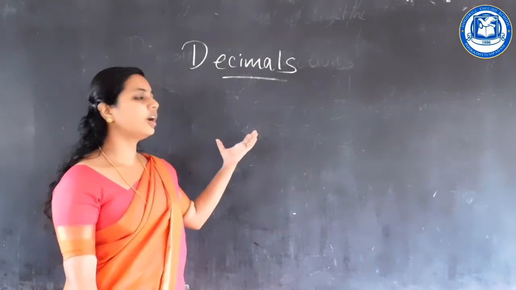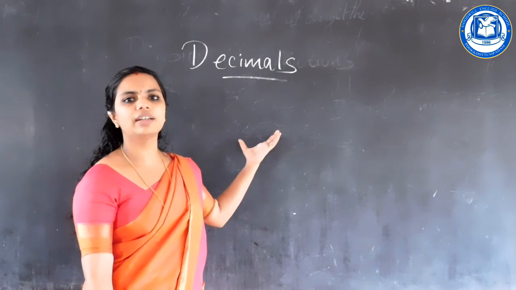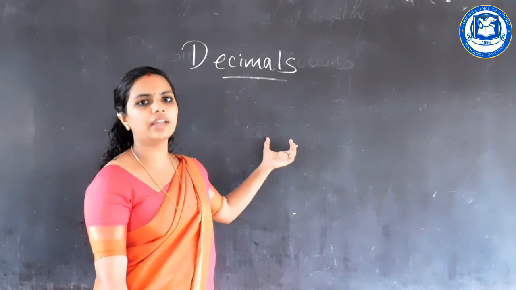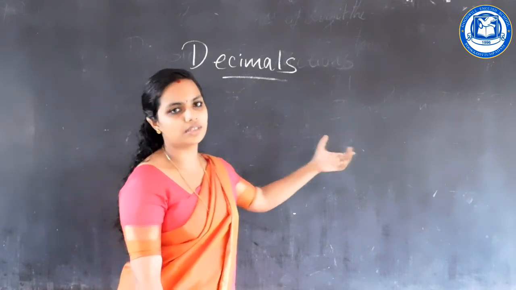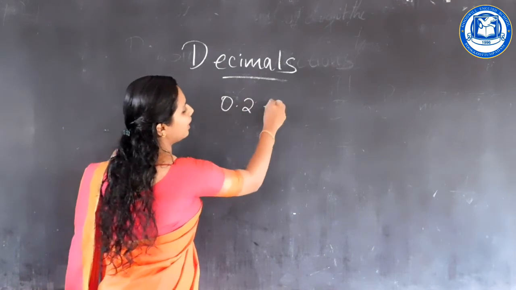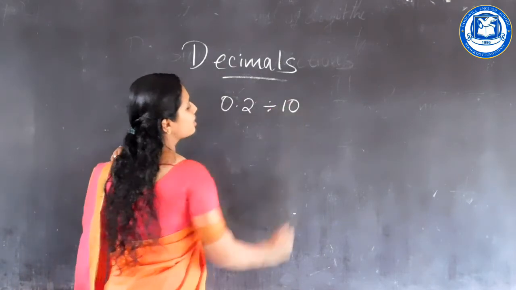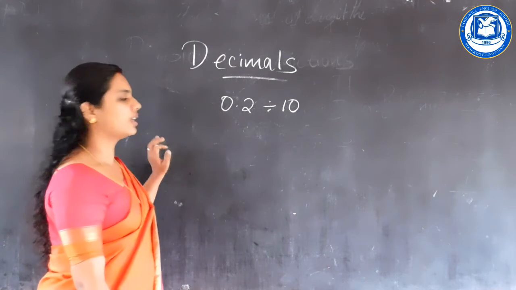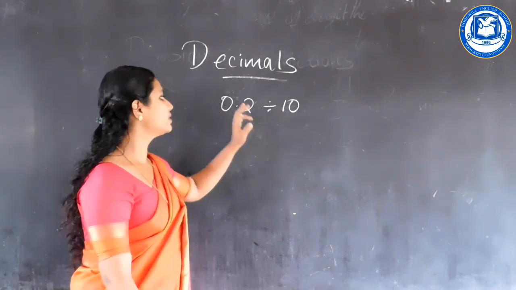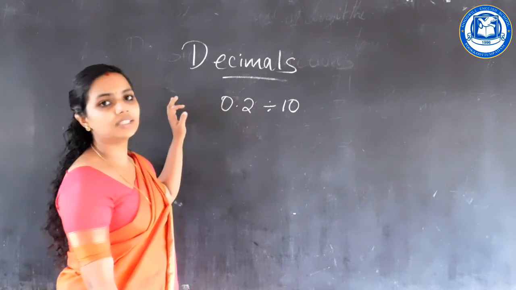Okay, now we can look at how we can divide a decimal number by 10, 100 and 1000. For example, 0.2 divided by 10. So when we are dividing a decimal number by 10, we will change this point one digit left.